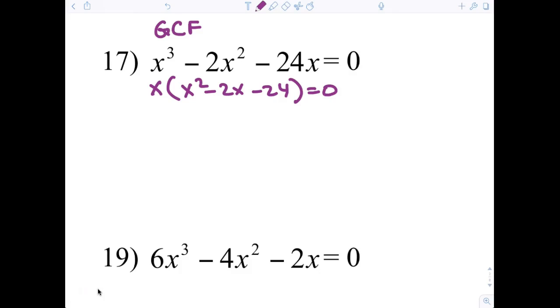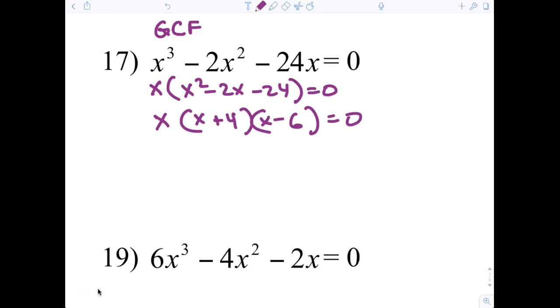Now what? Good job. 2 parentheses, x and x. 4 and 6. How many solutions are we going to have? 3.